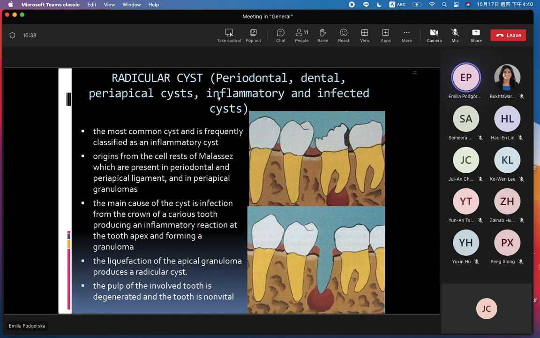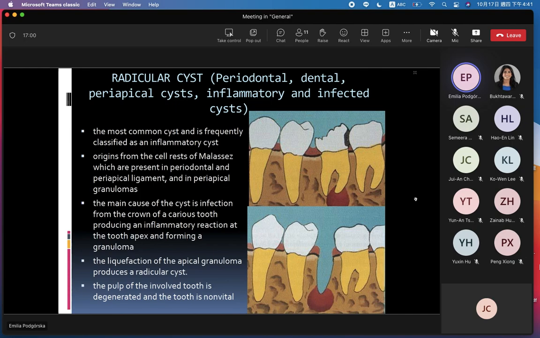It's an inflammatory cyst. It is always connected with a tooth which is necrotic. It is the most common cyst of the jaws, and it is frequently classified as an inflammatory cyst.